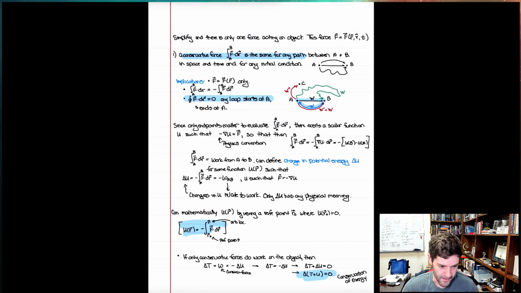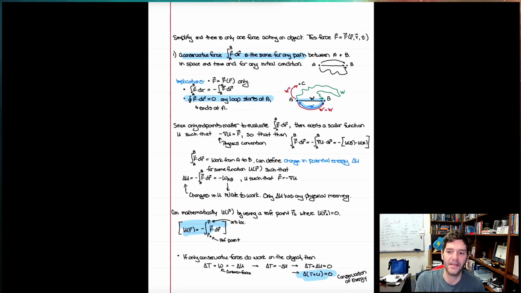The last thing is, how do I know if a particular force is a conservative force? Because again, I'm not going to take the time to evaluate F dot dr for every possible path between A and B to assure myself that it's a conservative force.